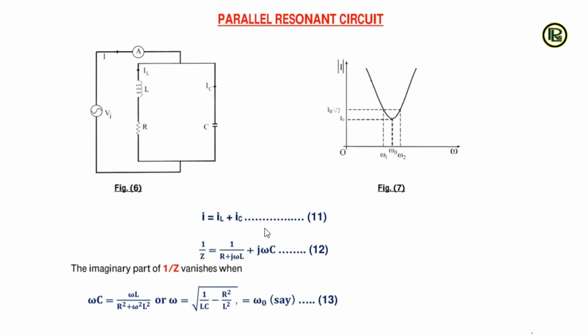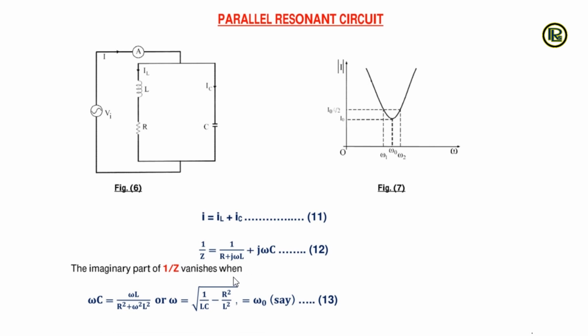And here the total current I is distributed among the two branches L and C. Therefore I is equal to IL plus IC. If Z be the impedance of the circuit, then the admittance of the circuit, 1 upon Z, is equal to 1 upon R plus j omega L, plus j omega C, where j omega L is the inductive reactance and j omega C is the capacitive reactance.